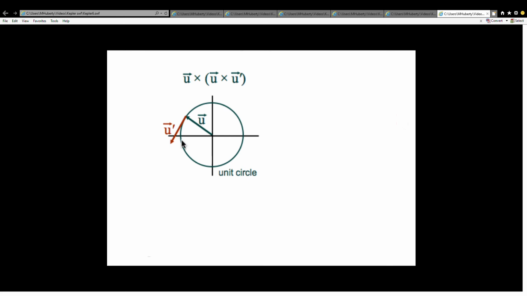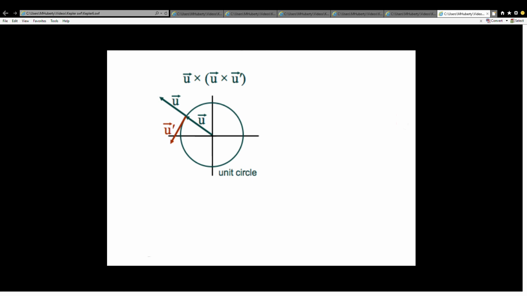So to do this cross product now, in the parentheses, U cross U prime, well, first of all, any vector is the same, so we can take the U vector and just slide it out here. So we've got the two tails, U and U prime, tail to tail. Now this is the interactive part of the video. You've got to do your right-hand rule onto the screen. U cross U prime, your right-hand rule should have your thumb pointing at you out of the screen, okay?